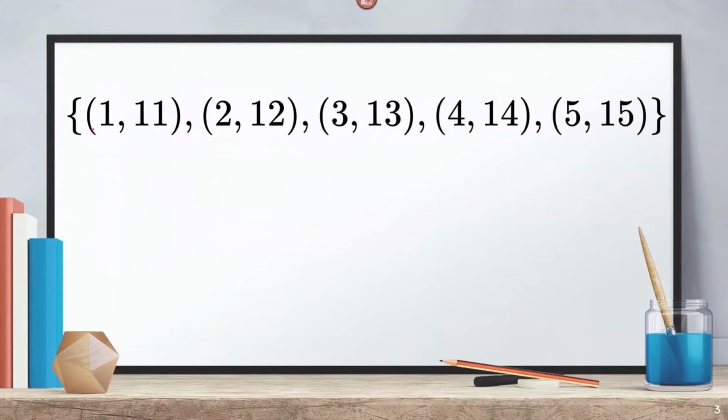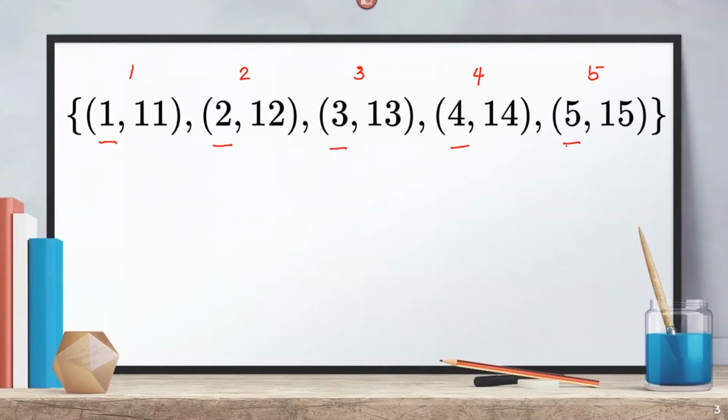In this example of relation, we have 5 ordered pairs: (1, 11), (2, 12), (3, 13), (4, 14), and (5, 15). Notice that the x-coordinates are 1, 2, 3, 4, and 5.